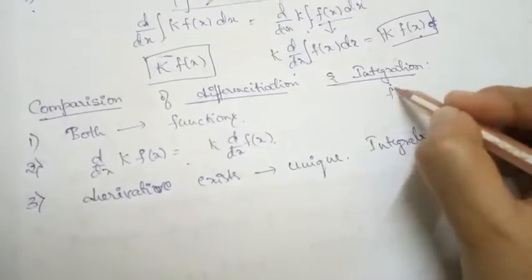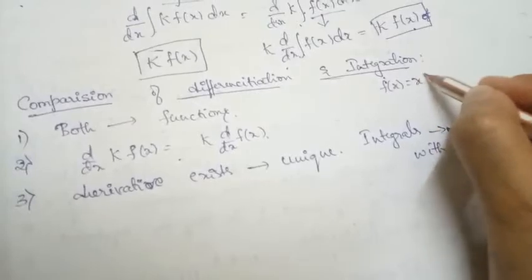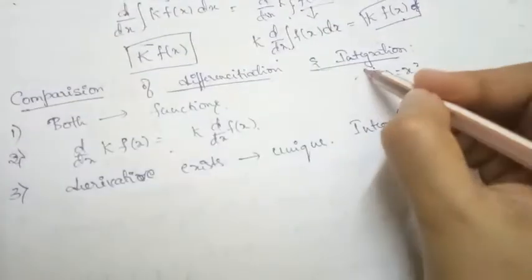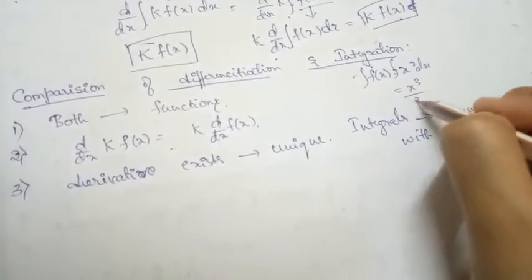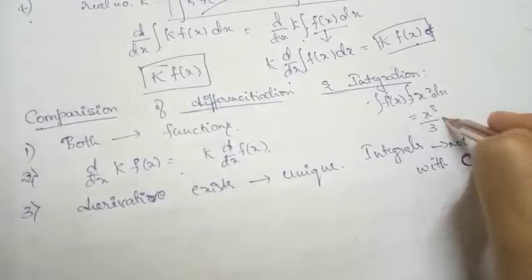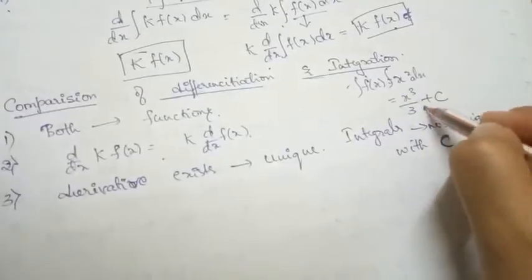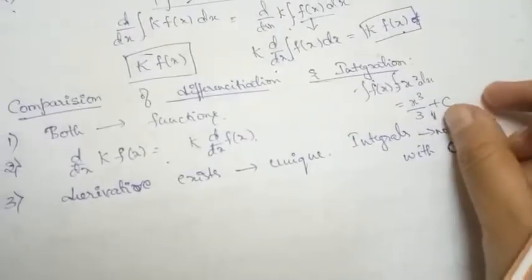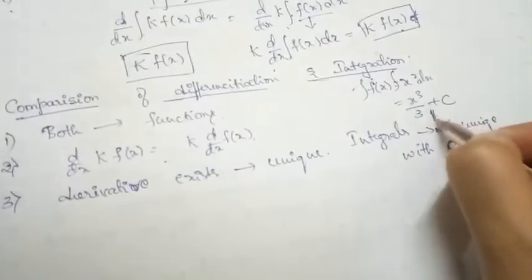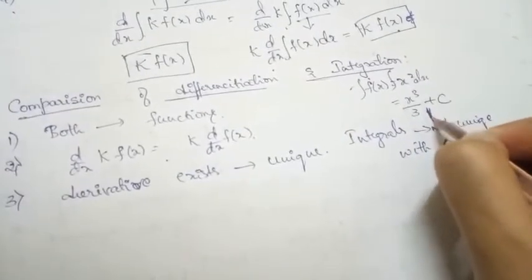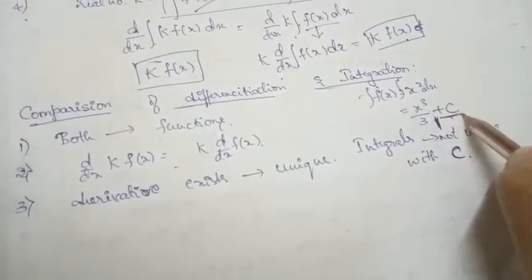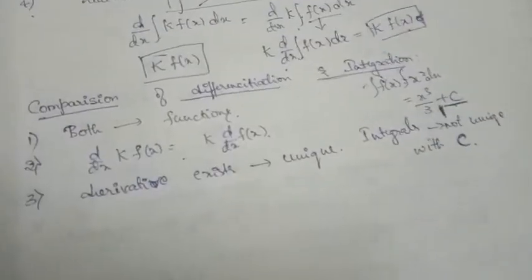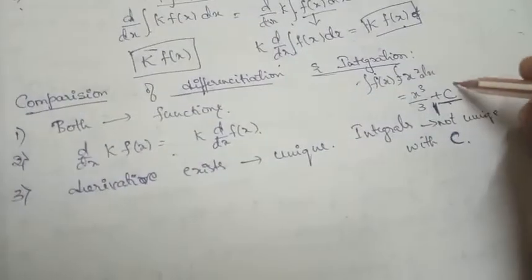If I integrate, say, f of x equal to x square, I am going to get x cube by 3 plus c. Up to writing the integration constant, the integral of any function is unique. But after writing plus c, the function is not unique because the integrals vary with the value of c.